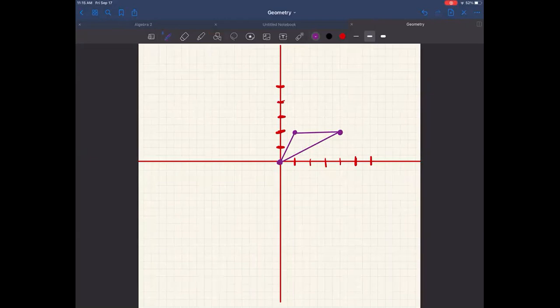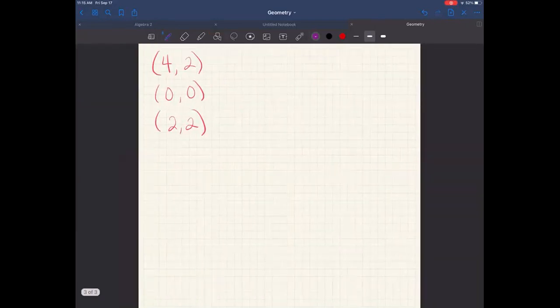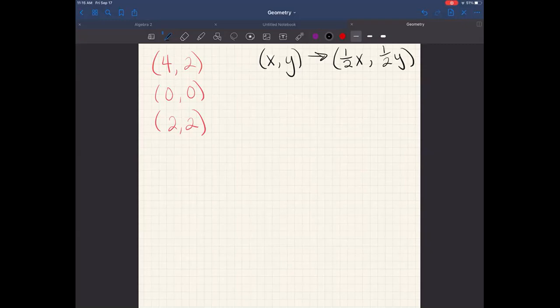So I'm going to go ahead and my transformation is going to be x, y becomes, what do I want? 1/2 x, 1/2 y. We'll keep it simple. Okay. So once again, I just take all of my points and apply the transformation.